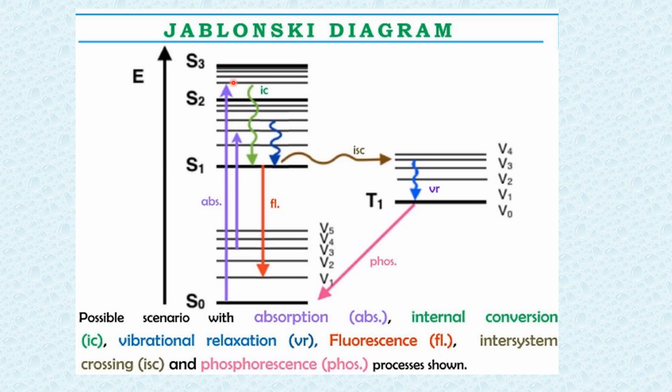If it shows excitation from a higher excited state to the lower state, it is called internal conversion. And when this transition comes from S1 to the ground state, that is called fluorescence.